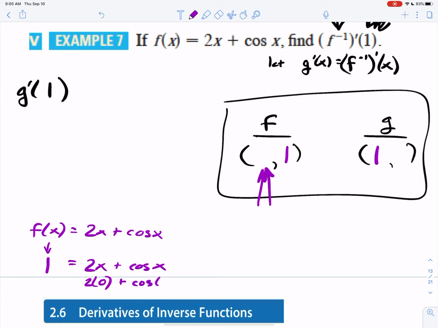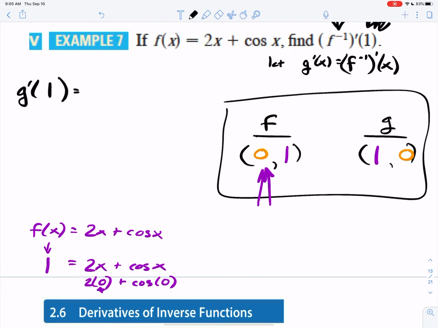The cosine of 0, look at that unit circle, you guys. We got to know our trig values, okay? Cosine of 0, pretty much where cosine starts, is 1. So we do get a value of 1 here. So when x is 0, we get a y value of 1. So boom, there we go. So that tells me that the y value of g is also 0, okay?